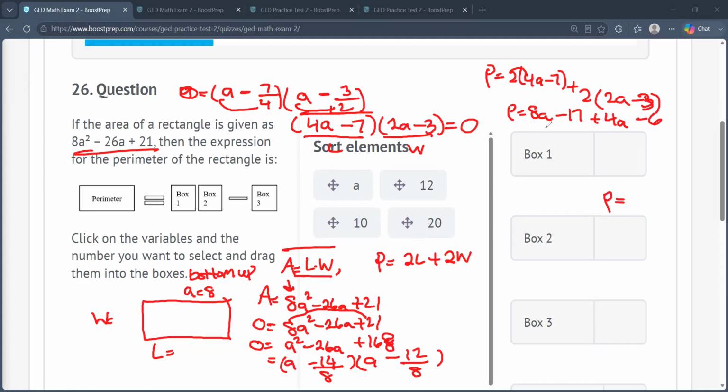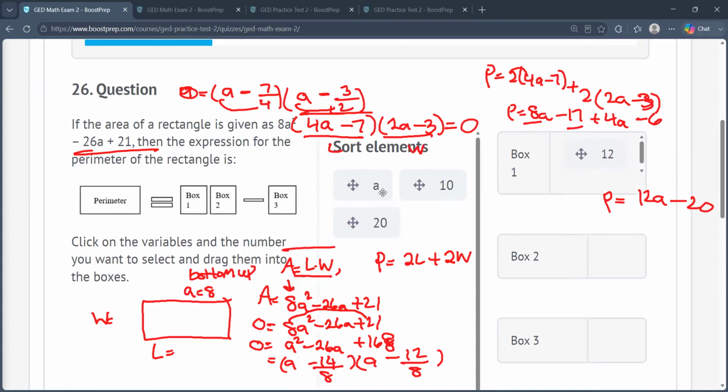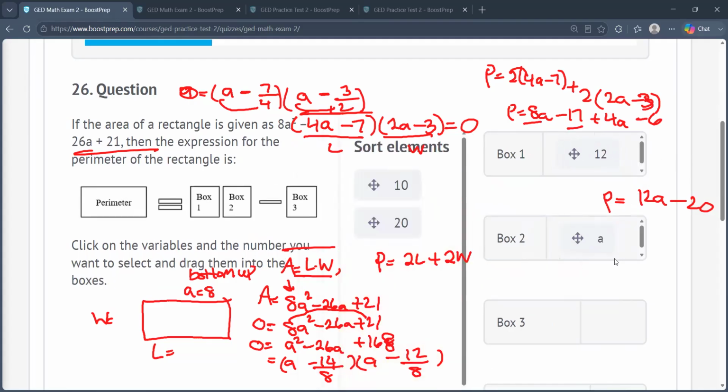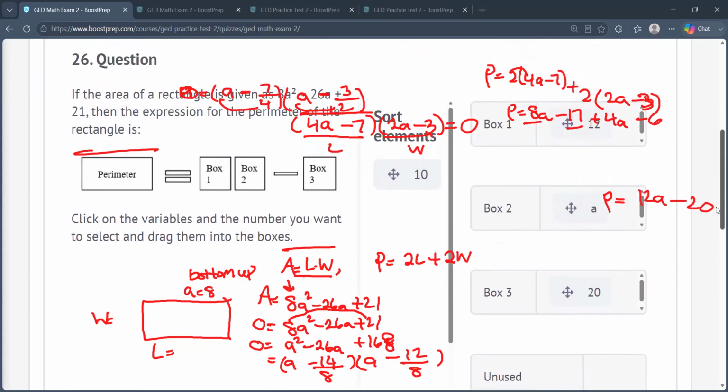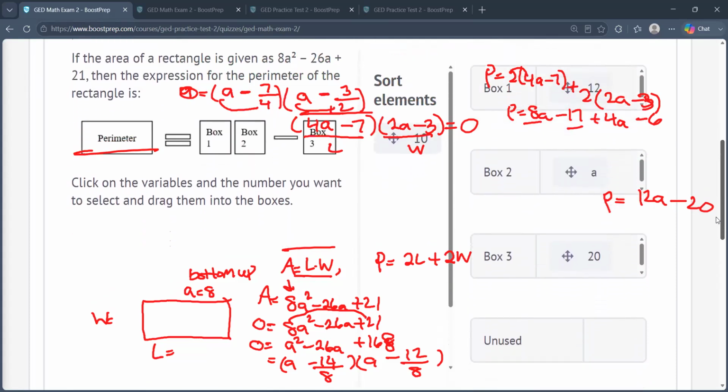Then you can clean this up. 8a plus 4a is 12a, negative 14 plus negative 6 is negative 20. So that's what we're going to put in our box. It's going to be 12 here, a here, and we don't need a minus because there's a minus right here. So you just need that 20. And then I think we didn't use the 10.